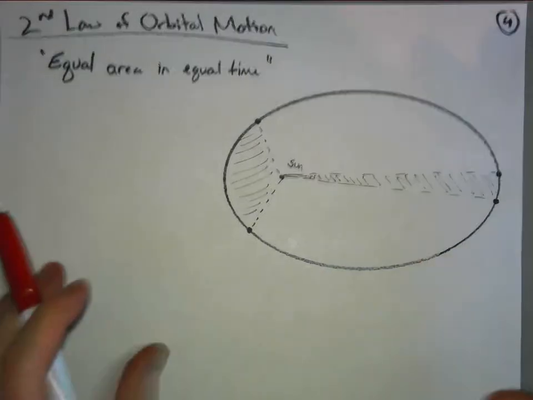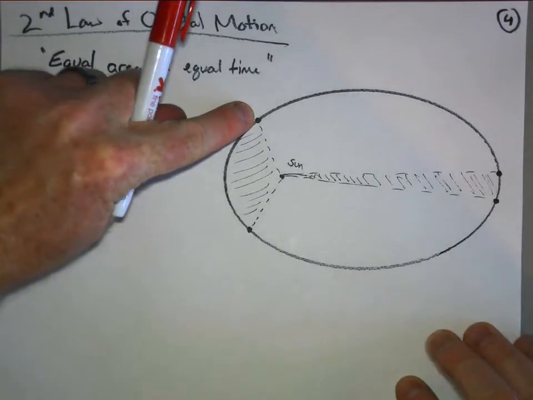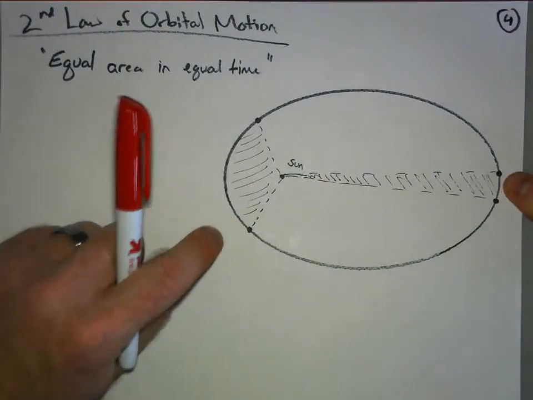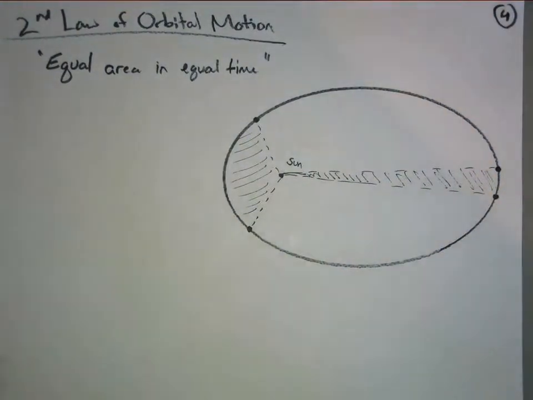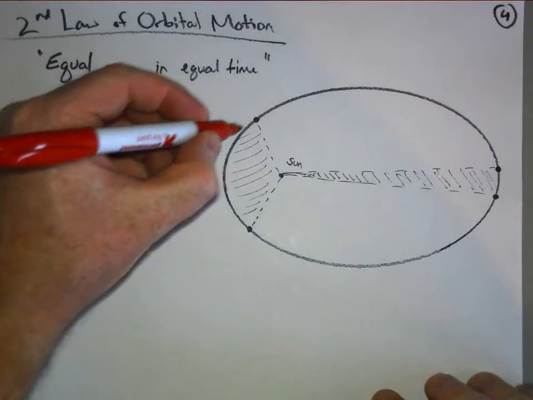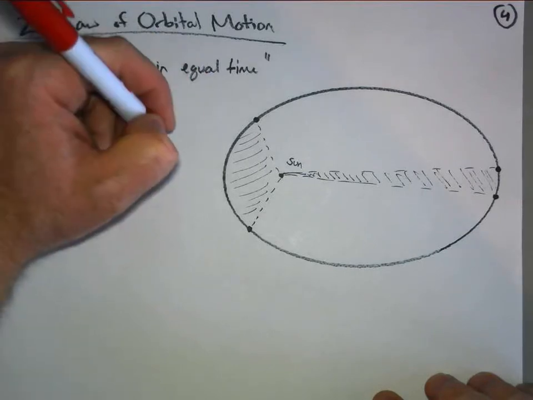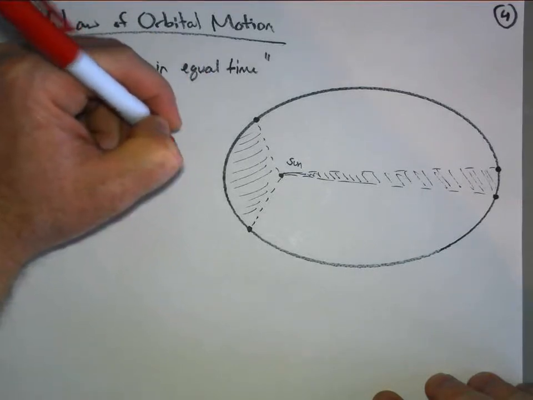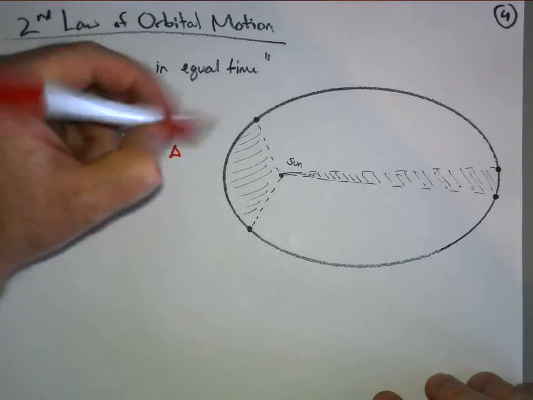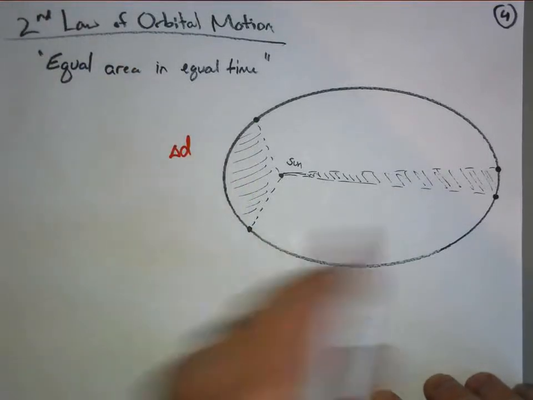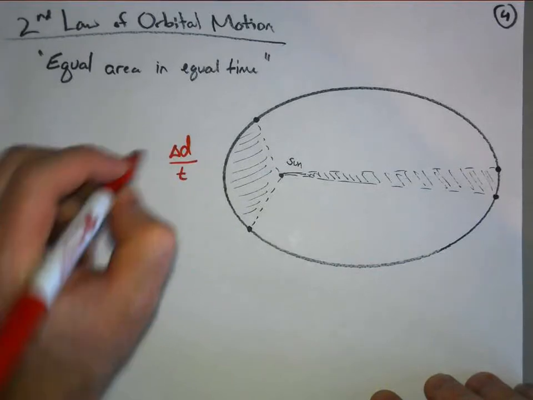I'll accept that. But what's going on here? The planet sure looks like it went a lot further here than it did here. And you would be absolutely correct. Good job for recognizing that. If it's going to travel more distance in the same amount of time, so really think about this. There is a change in position from here to here, and there's a certain amount of time.